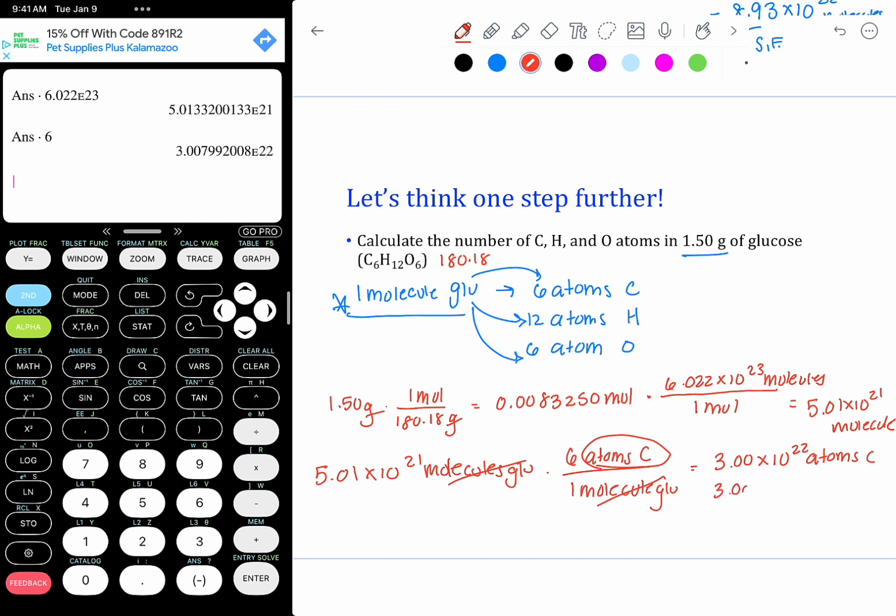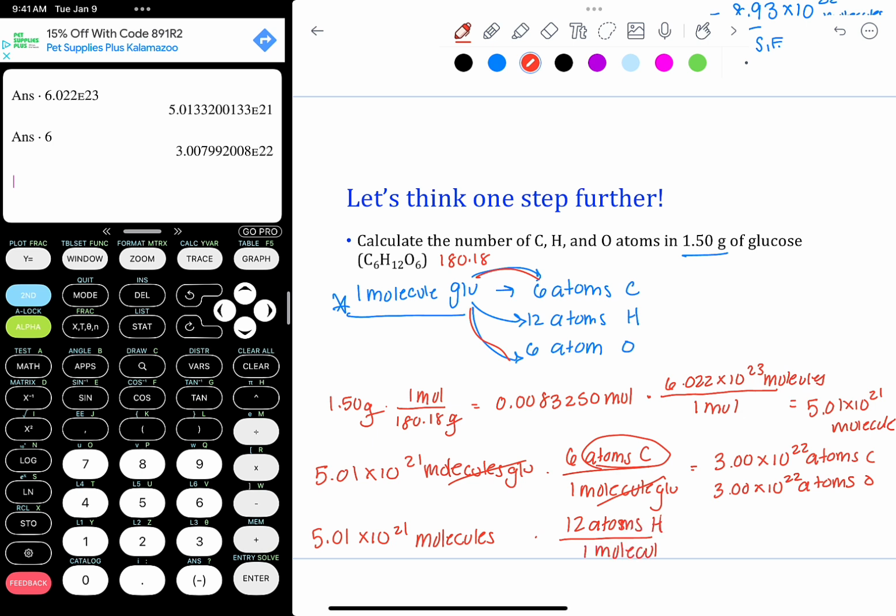So there would also be 3.00 times 10 to the 22 atoms of oxygen, because these equivalencies are the same, 6 and 6. So let's figure out the atoms of hydrogen. We take 5.01 times 10 to the 21 molecules, and we multiply that by 12 atoms of hydrogen in 1 molecule of glucose.